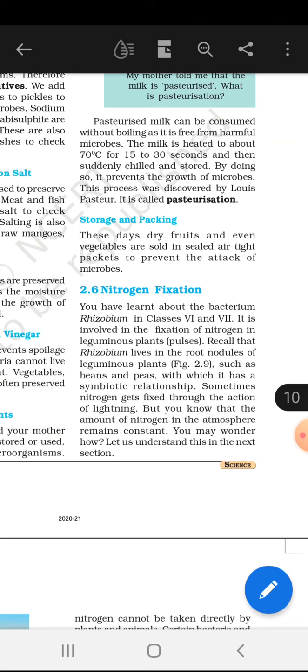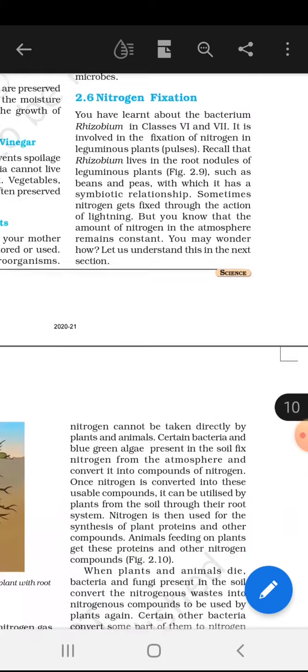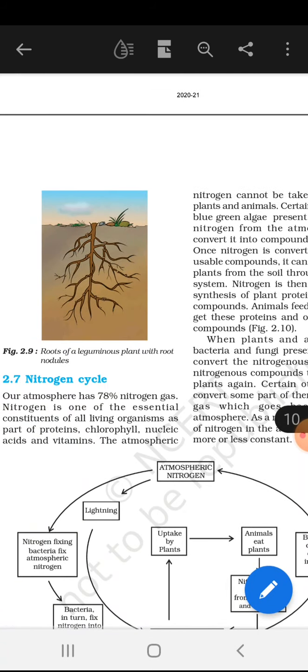It is used up by the fixation of nitrogen in leguminous plants, by the use of rhizobium bacteria, which are present in the root nodules of leguminous plants such as beans and peas. In these plants, the rhizobium bacteria are responsible for the fixation of nitrogen. They convert atmospheric nitrogen to compounds of nitrogen, so that the plant can use this nitrogen.